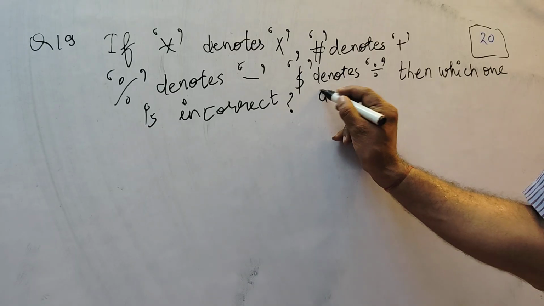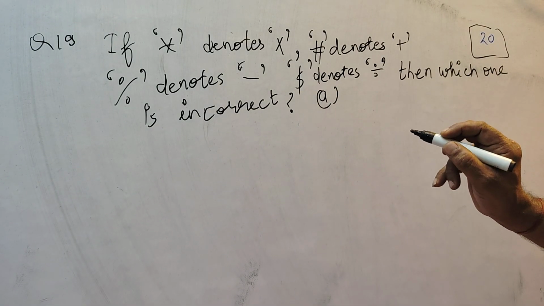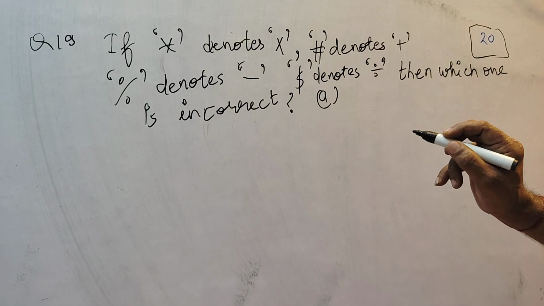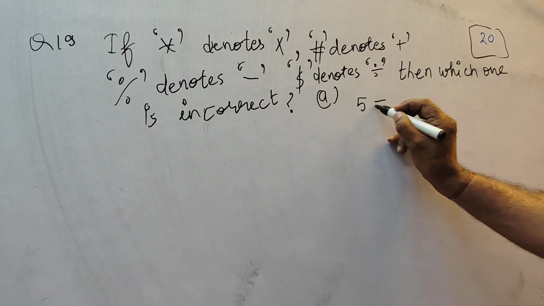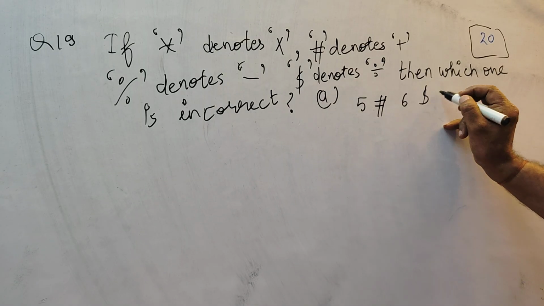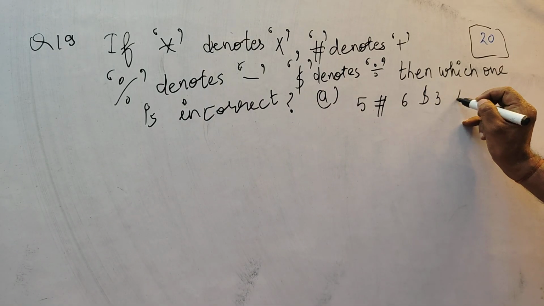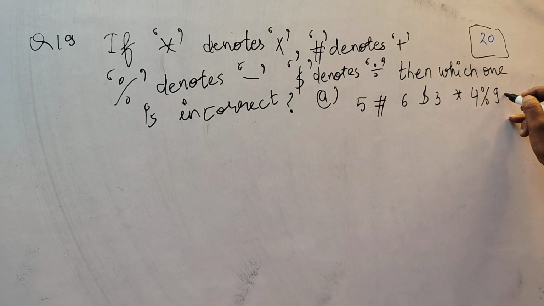A option is 5 hash 6 dollar 3 asterisk 4 percentage 9 equal to 4.